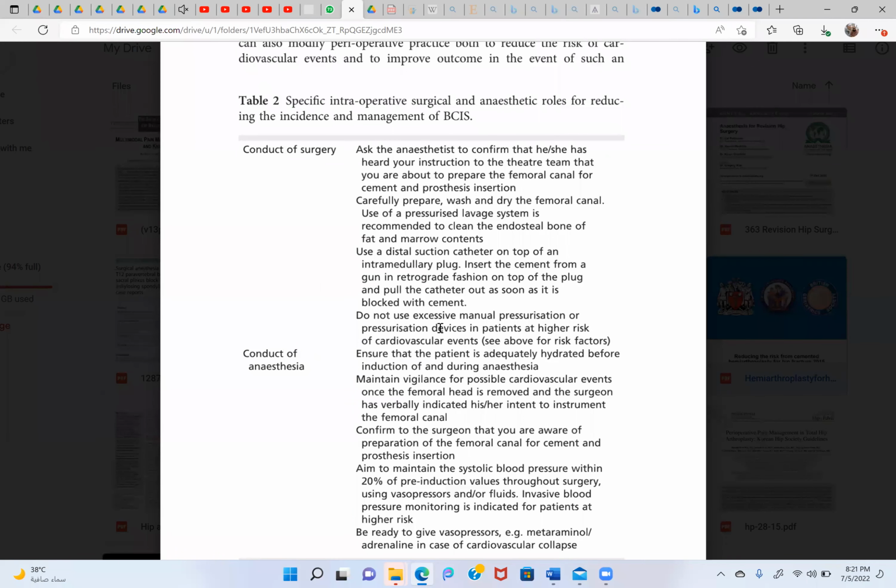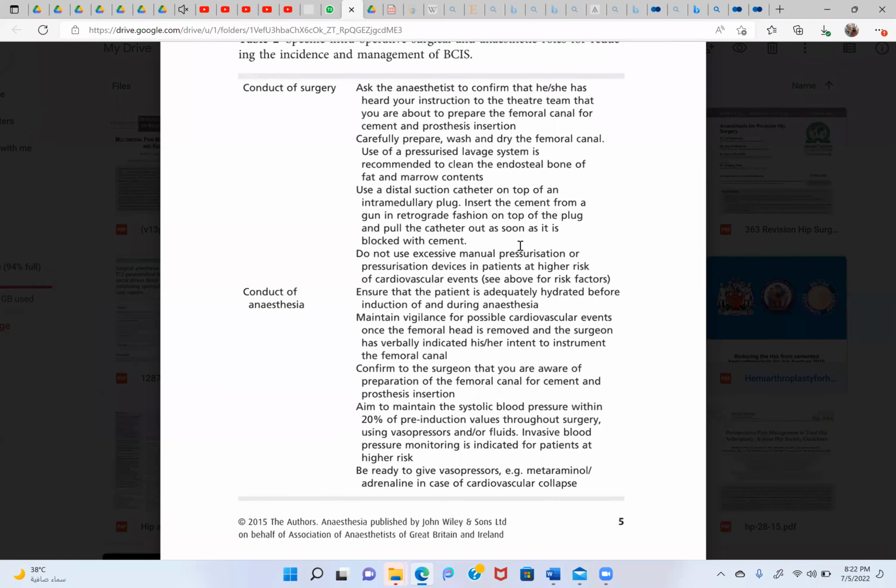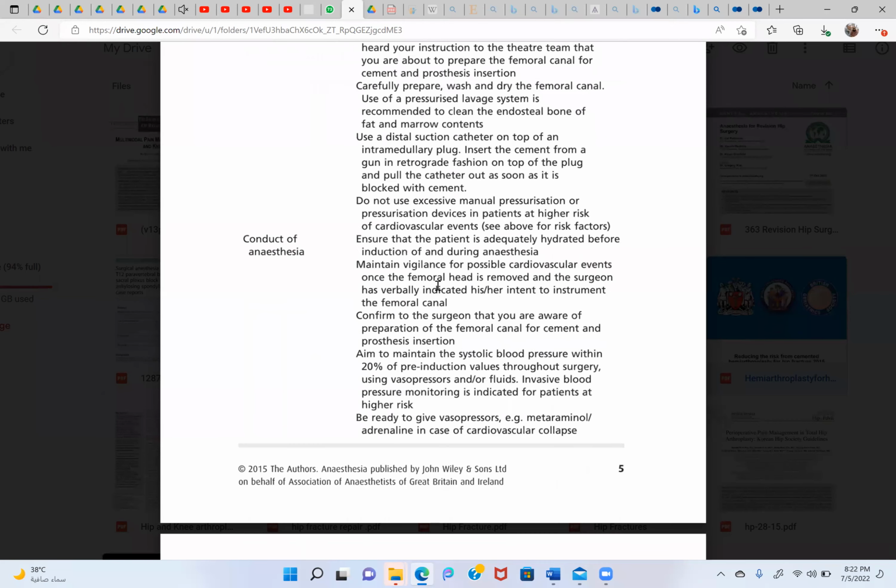Do not use excessive manual pressurization or pressurization devices in patients at high risk of cardiovascular event, like the patients who are at risk, with increasing age, and diuretics and all this. So ensure the patient is adequately hydrated before induction and during anesthesia. Maintain vigilance for possible cardiovascular events.